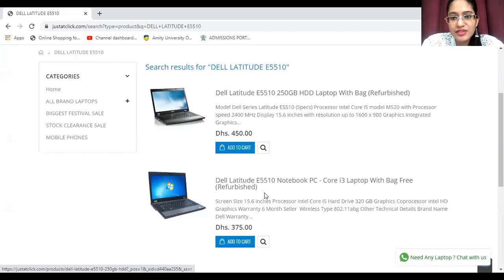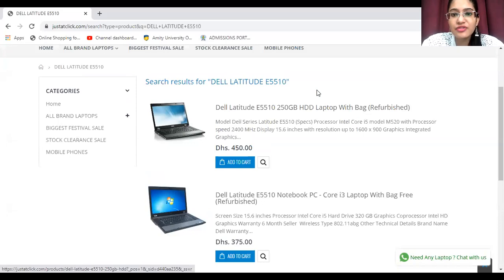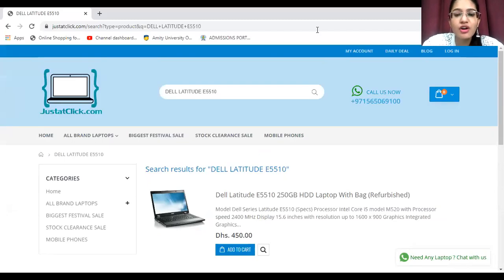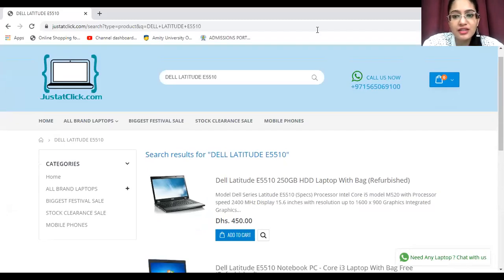These are slightly different, but both of them have the same specifications, and you can see they are under the category of refurbished. There is a slight difference in the customizations, like RAM might be different, or you might find differences in some other things.